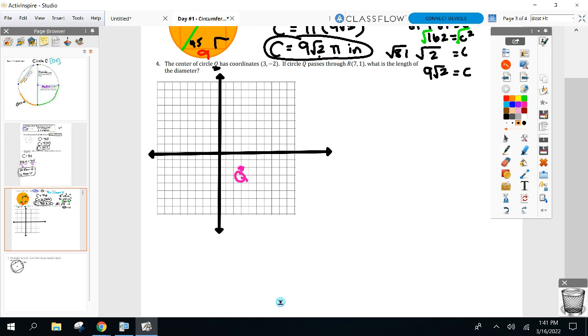There's Q, the center. And the circle goes through 7, 1. So 1, 2, 3, 4, 5, 6, 7, 1. It goes through that point. What's the length of the diameter?